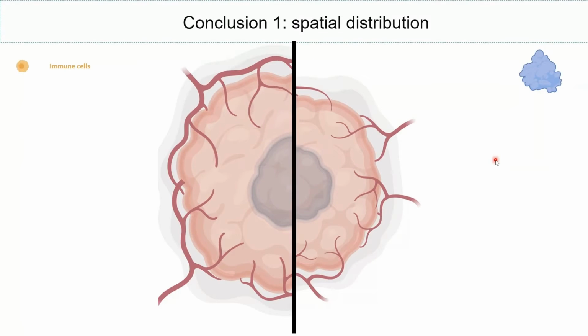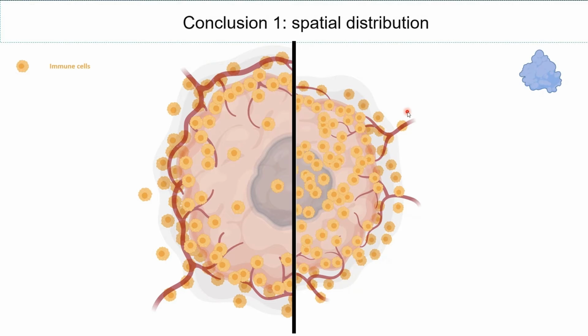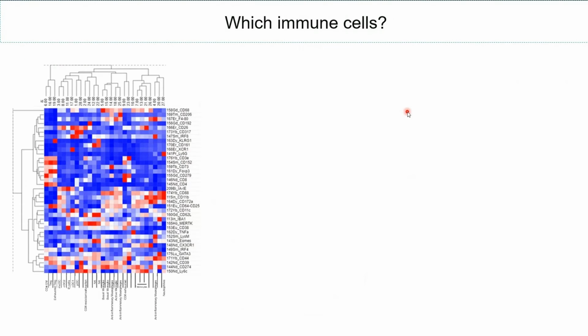So to conclude this first part about the spatial location, our treatment, in addition to having an effect on the tumor cells, could promote the density of the immune cells inside the tumors, but also the infiltration. Then we wanted to determine which immune cells could be involved in this process.